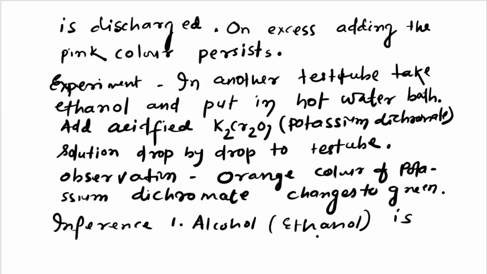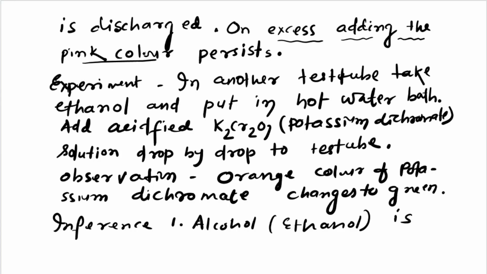That means there is no pink color inside the test tube when you add alkaline KMnO4 solution drop by drop; the pink color is discharged. But when you add in excess, more than a few drops, then what happens? The pink color persists. When you add drop by drop, the pink color is discharged. When you add in excess, then the pink color persists, meaning it is not discharged.